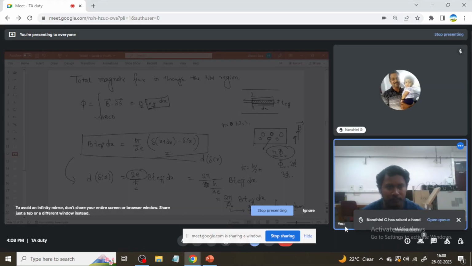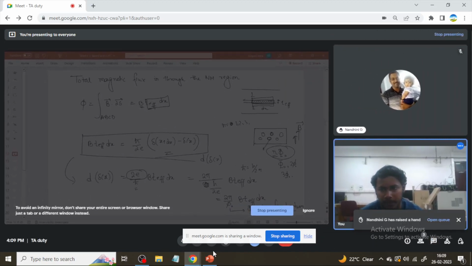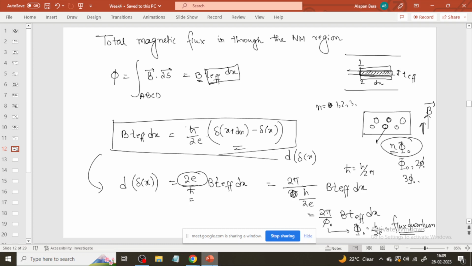Okay. So this is how much we have derived till now. So now we will proceed with this equation in our hand. Okay, so our final equation is like this: psi naught d t effective into dx.